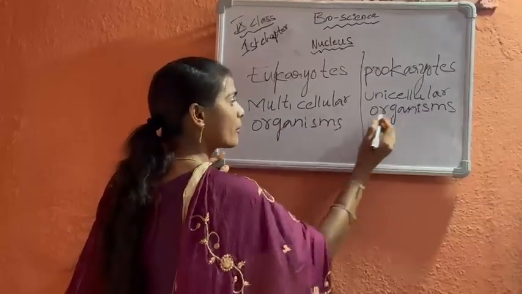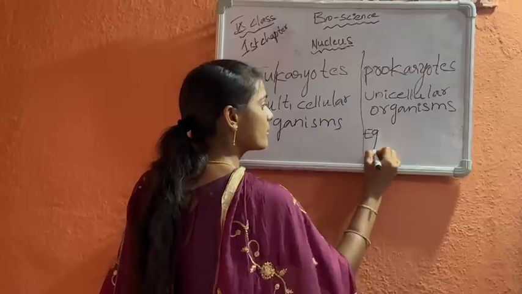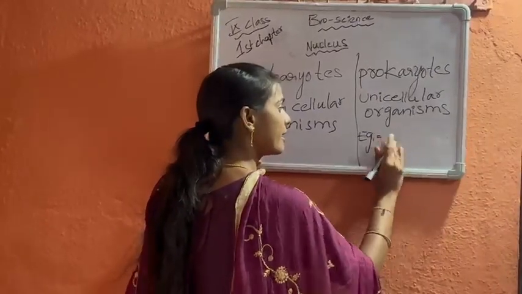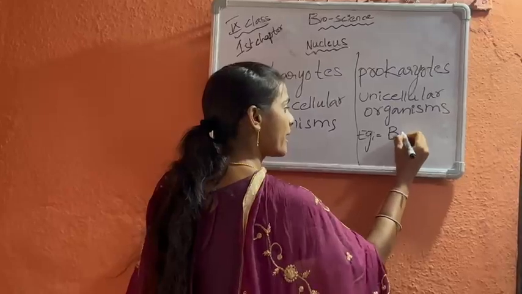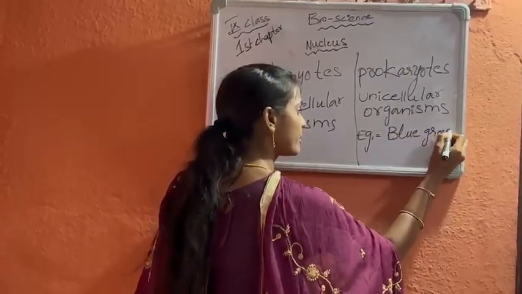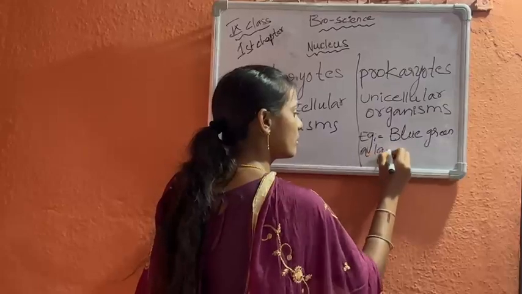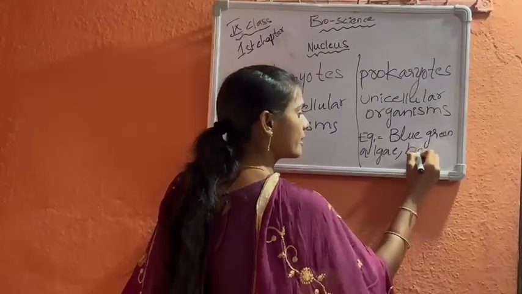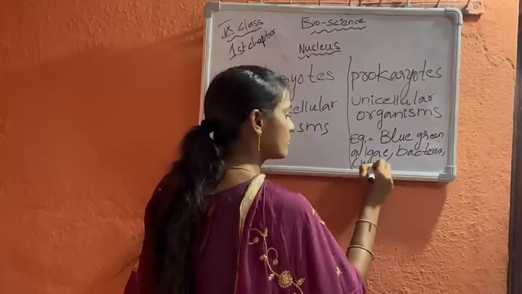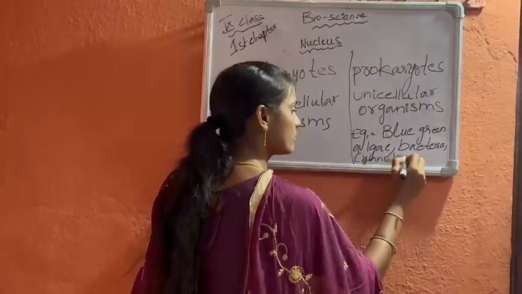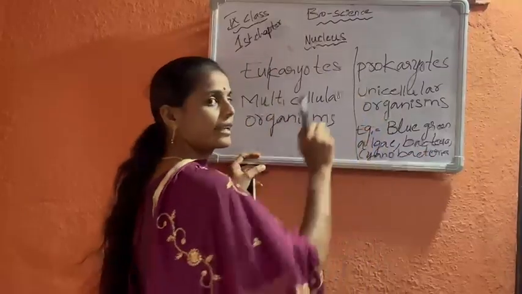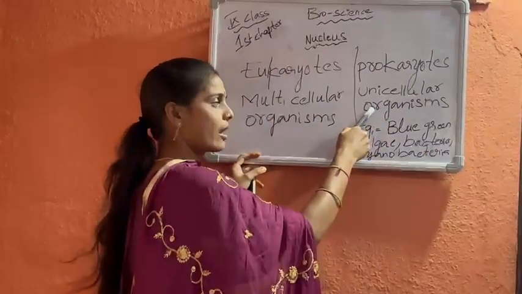Examples of prokaryotes are blue-green algae, bacteria, cyanobacteria, etc. Prokaryotes are also called unicellular organisms.